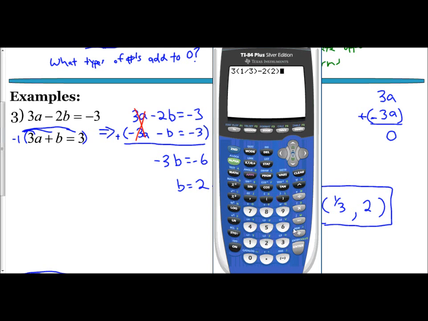Now if I do this, I do get negative 3, so that works. Now let's do the other one, 3a, so 3 times 1/3 plus b, which b is 2. Now if I get 3 when I hit enter, that means my answer was correct.